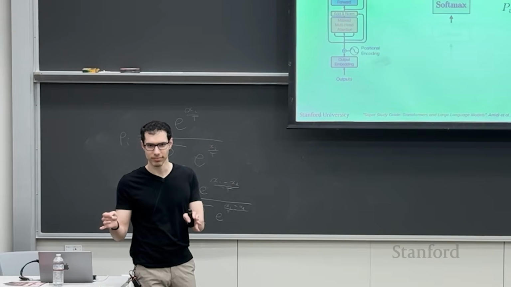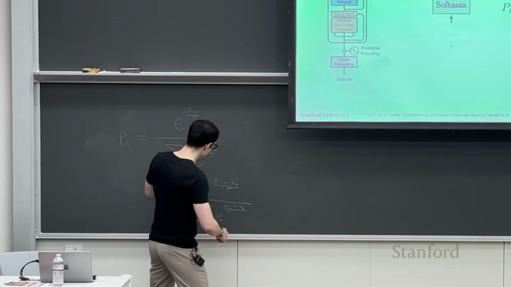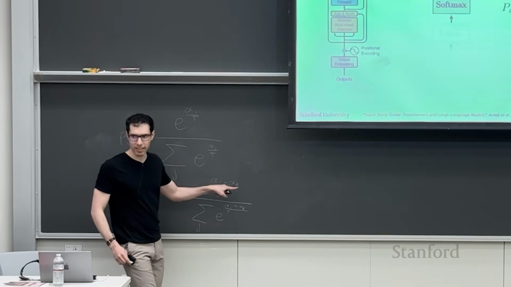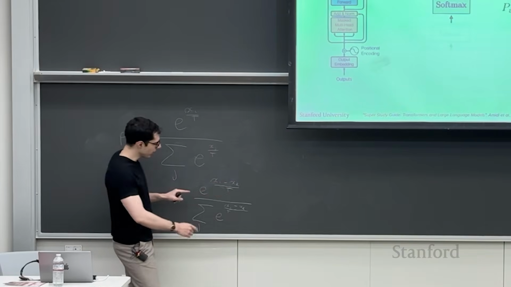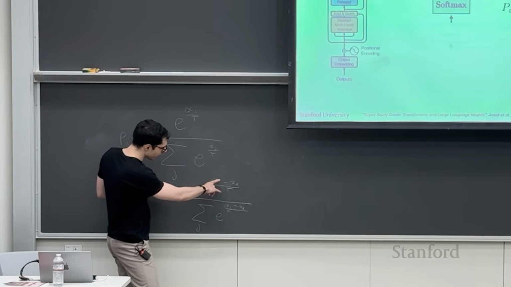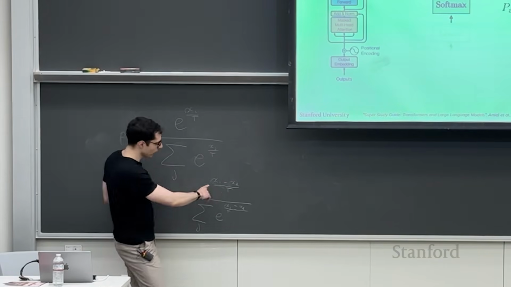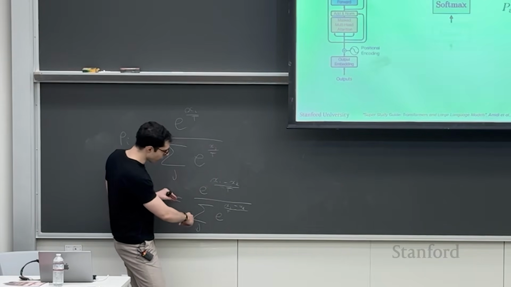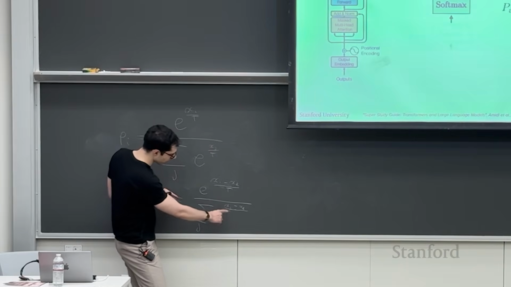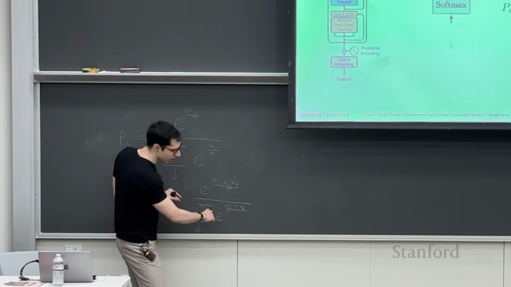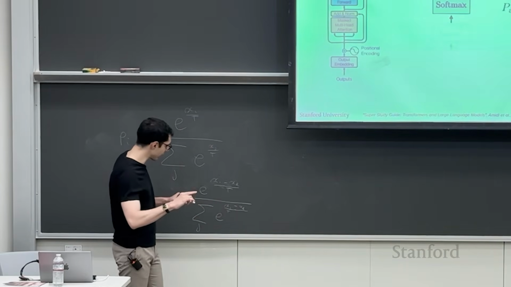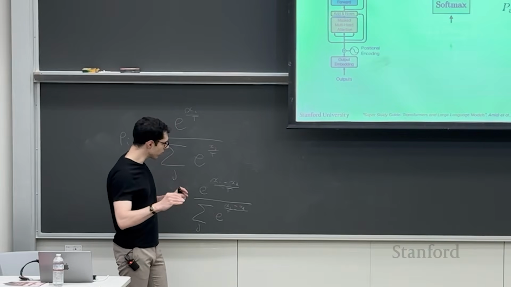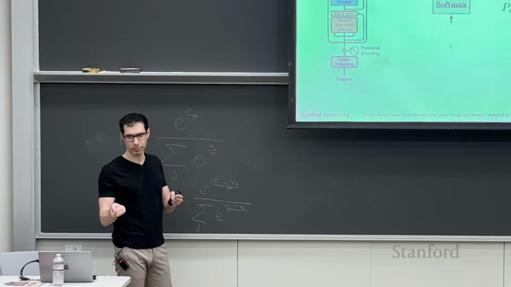So if i is equal to k, you have 0 over t, so here it's 1. And then you have 1 plus some quantity, xj minus xk over t, which is going to be negative.